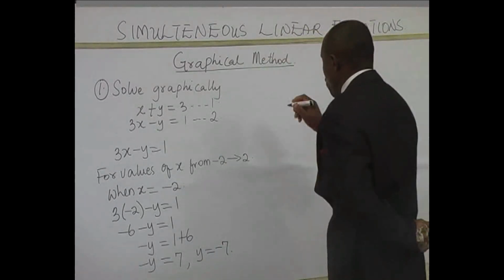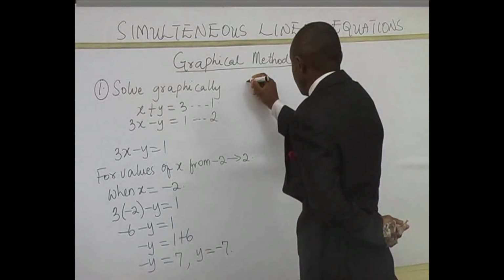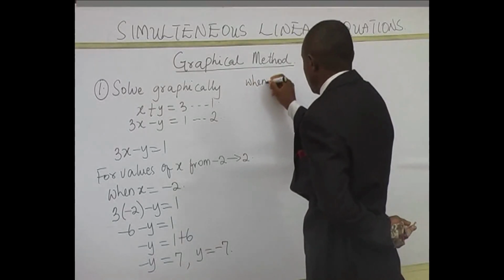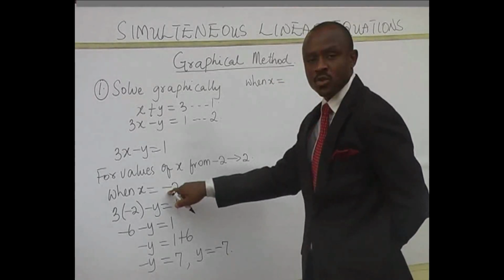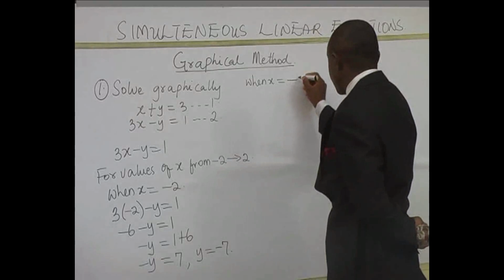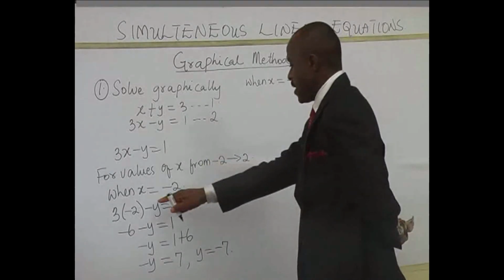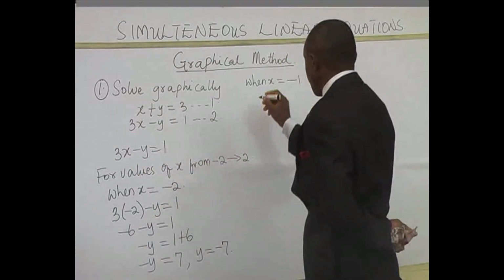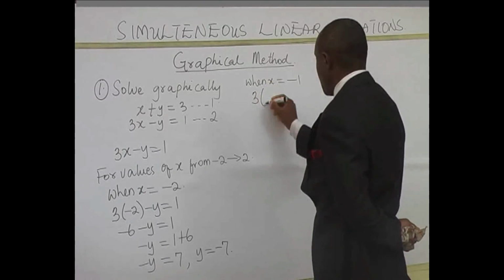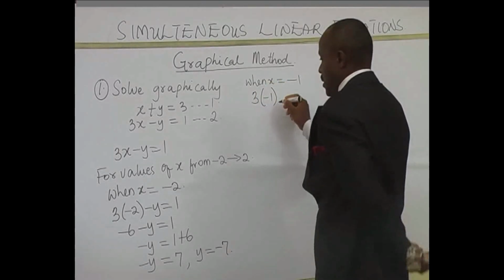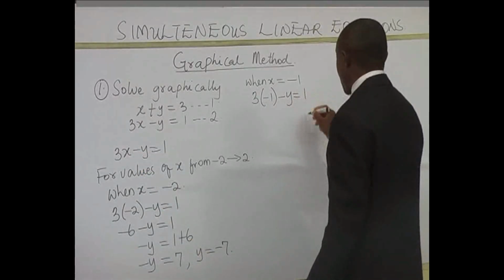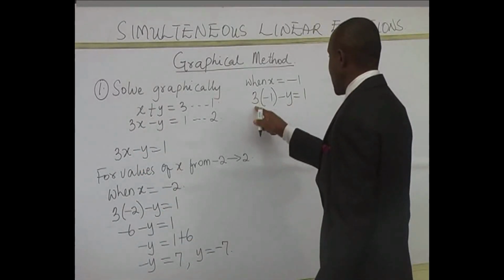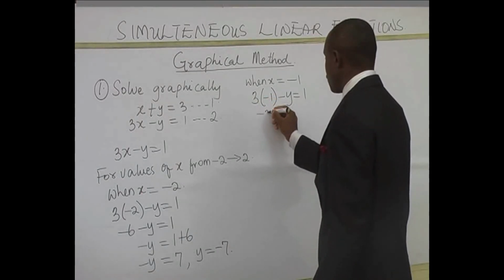The next one is when x is equal to, the next number after minus 2 is minus 1. So when x is minus 1, from the equation, you now have 3 into minus 1 minus y is equal to 1. If you open bracket, 3 times minus 1 will give you minus 3.